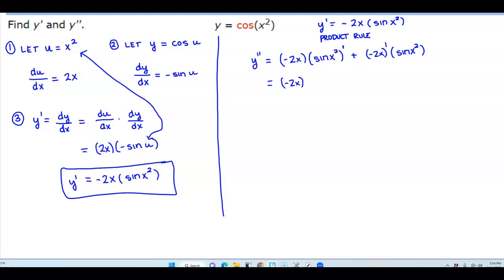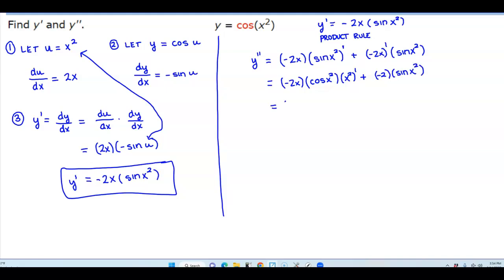Okay, so we need to use the chain rule here. So the derivative of sine x squared is going to be cosine x squared. And then the chain rule tells us that now we need to take the derivative of x squared, plus the derivative of negative 2x, which is negative 2, times sine x squared.